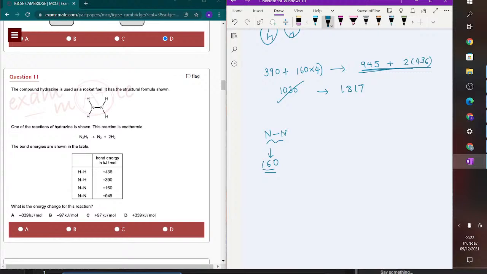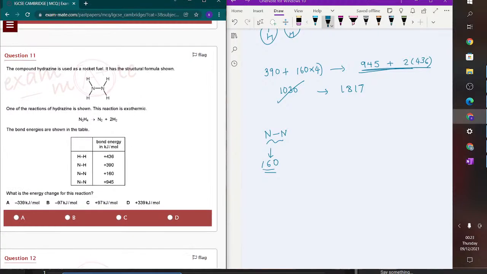Oh wait, I must have been mistaken. Yeah, right. N–N is 160. So 160 and 390, and H is 390 into 4. So 160 plus 390 into 4.